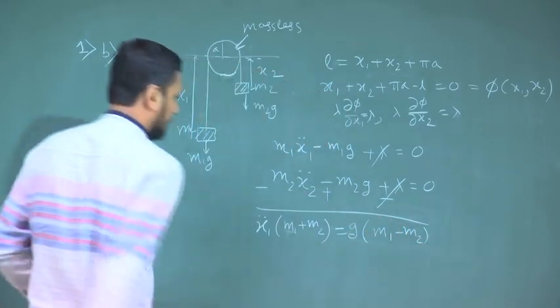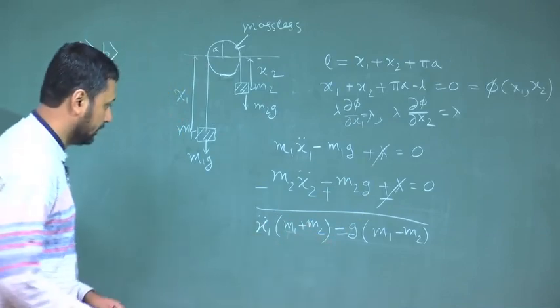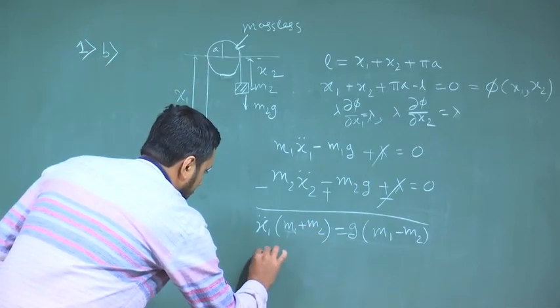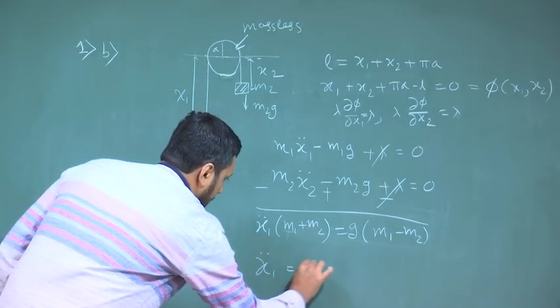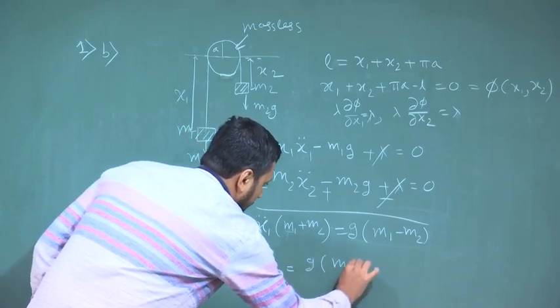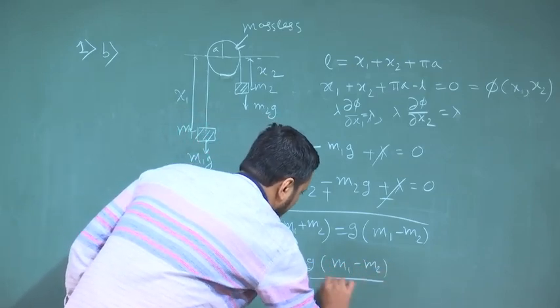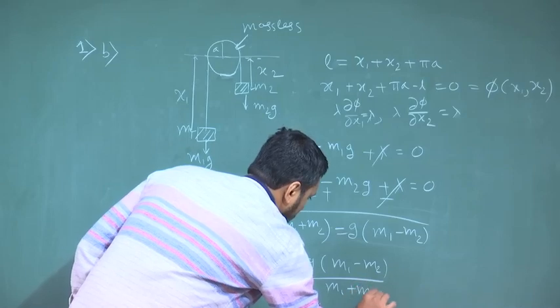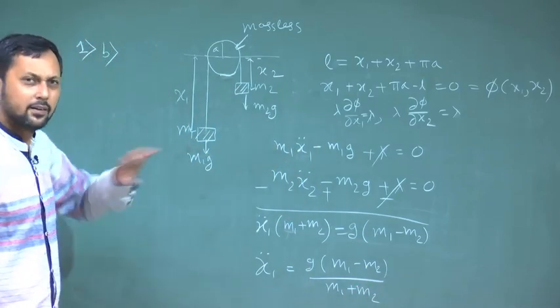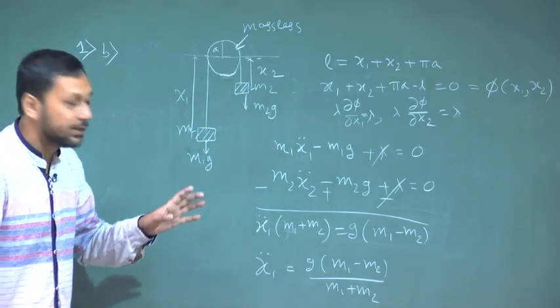So, you put an equal sign instead of writing it 0. So, once again you get x 1 double dot is equal to g times m 1 minus m 2 by m 1 plus m 2. So, it is a little more simpler as expected compared to D'Alembert's principle.